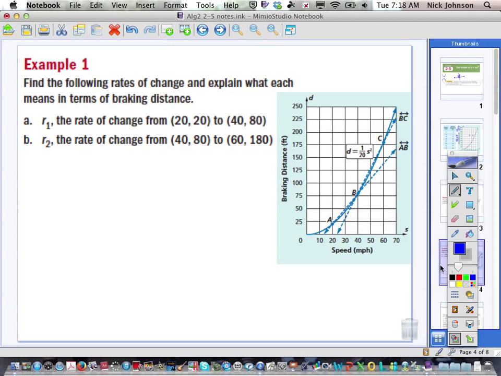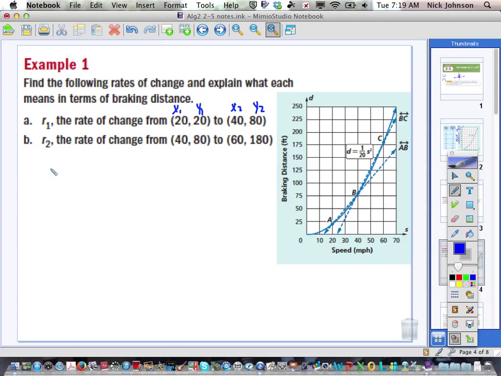Example 1, finding the rates of change and explaining what each means in terms of braking distance. A says R sub 1, the rate of change from (20, 20) to (40, 80). I'm going to call this my (x1, y1) and this my (x2, y2).